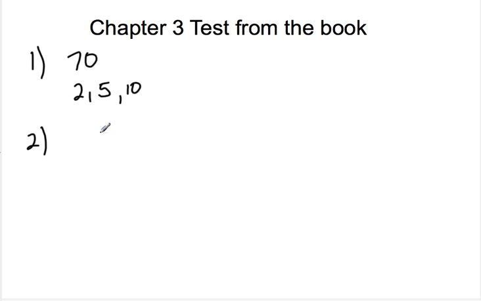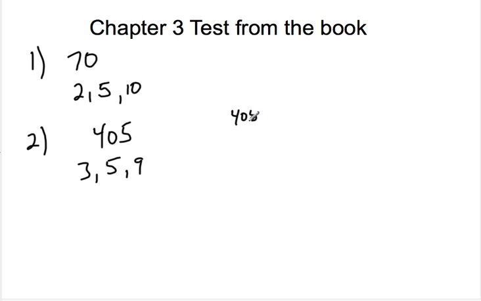Number 2, the number 405, it is not divisible by 2. Since 4 plus 5 is 9, it is divisible by 3. It is divisible by 5. It is divisible by 9 because it's divisible by 3 twice. Also, a rule for 9 is if you add the digits and it's divisible by 9.